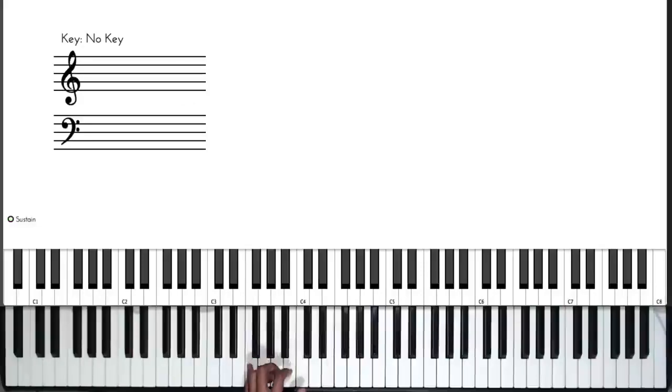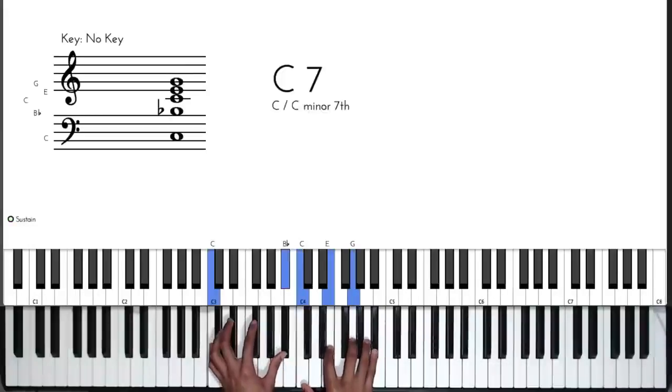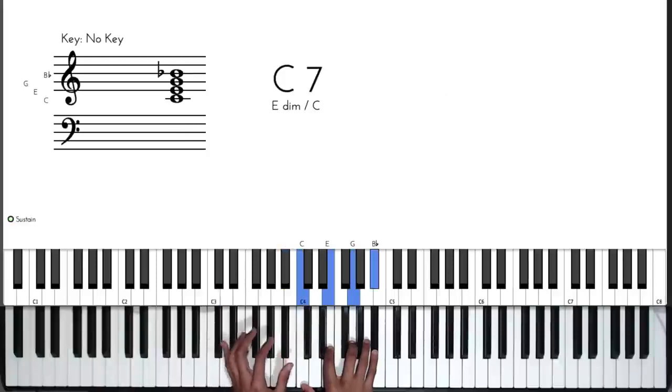So when we have the 4, which is F in this case, the 5 of the 4 would be the C. And what we do is basically make this C a dominant chord. The reason for this is because when we add this B flat, which is the minor 7th or the dominant, right?